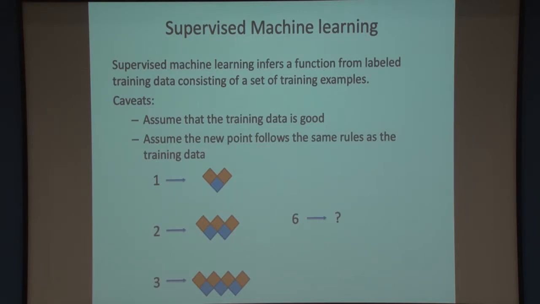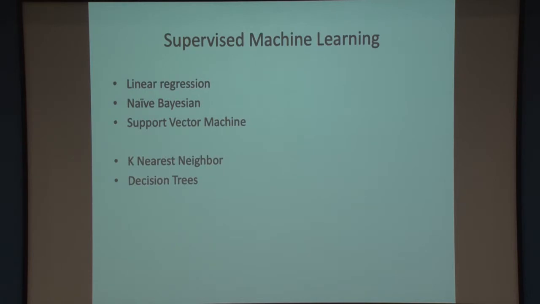It also assumes that new points follow the same rules as old points. For example, you had no idea what the 6 could be. It's possible that the 6 follows a totally different rule, and machine learning does not work in these cases. It's important that the training data is good and that the new point you add to it follows the same rules.